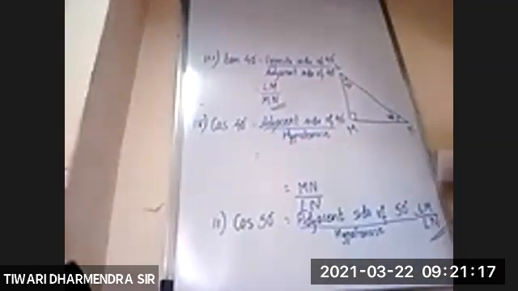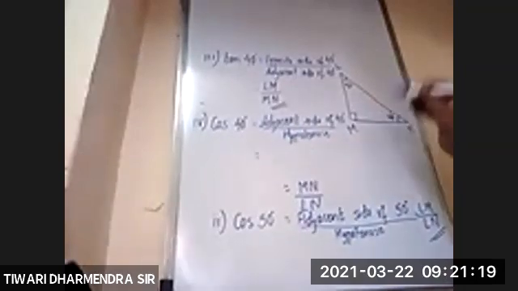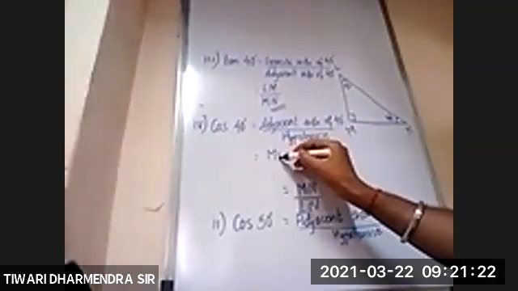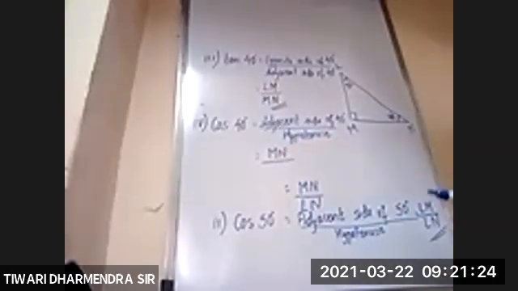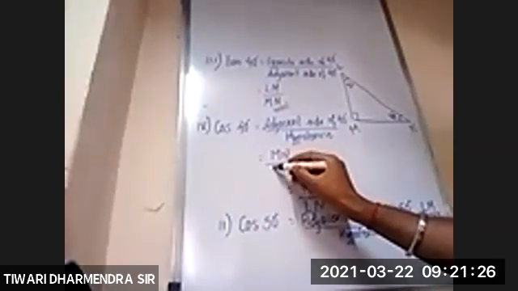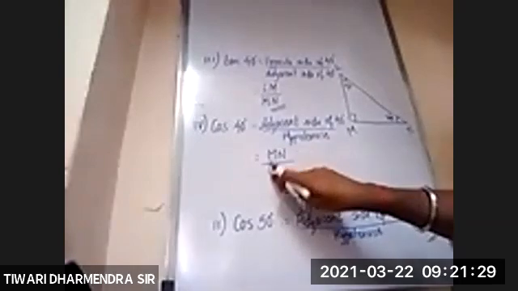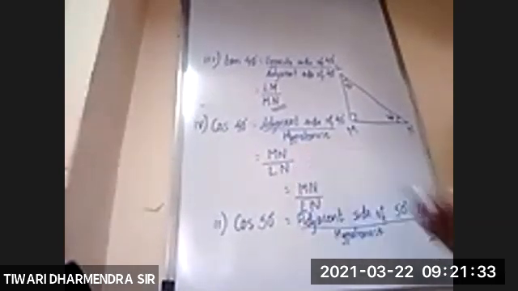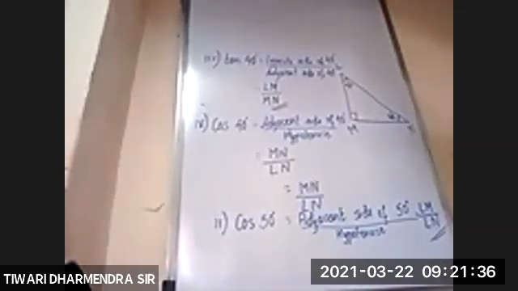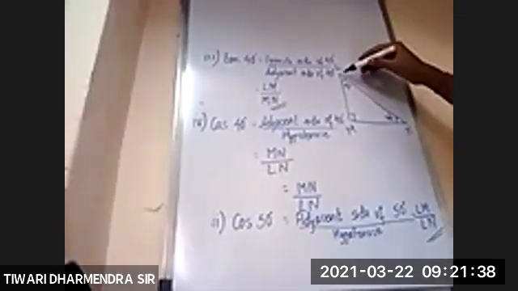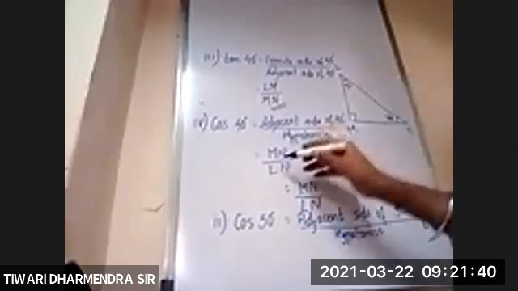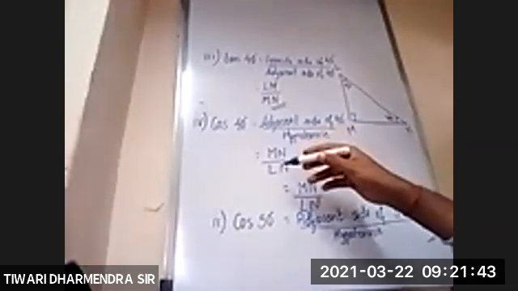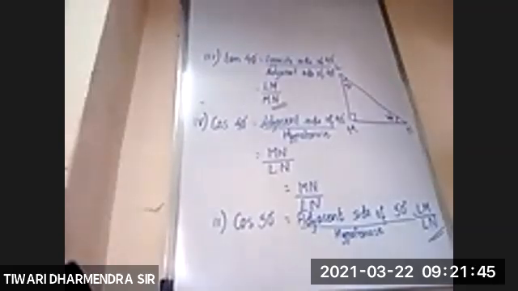So adjacent to 40 degree is MN as per our understanding, divided by hypotenuse. Hypotenuse is LN. If somebody by default says our hypotenuse is adjacent, then you will get the answer LN upon LN. In that case, you will be getting answer 1. So it becomes a doubtful case.